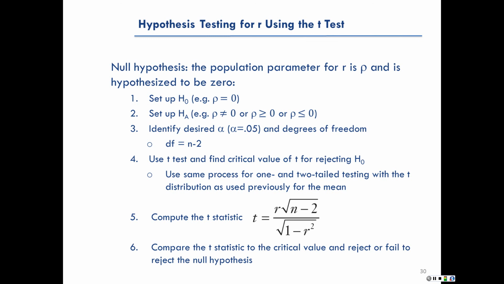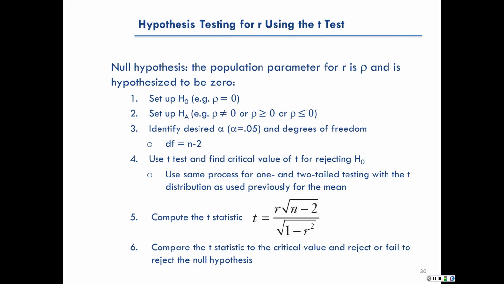And so our null hypothesis is that the population parameter is 0. So our null hypothesis is that there's no relationship between these two variables. So set up the null, that's rho equals 0. Our alternate hypothesis could be that rho is not equal to 0, that there is a relationship between the two variables, or that it's greater than or less than 0, right? We could specify a direction in that relationship.